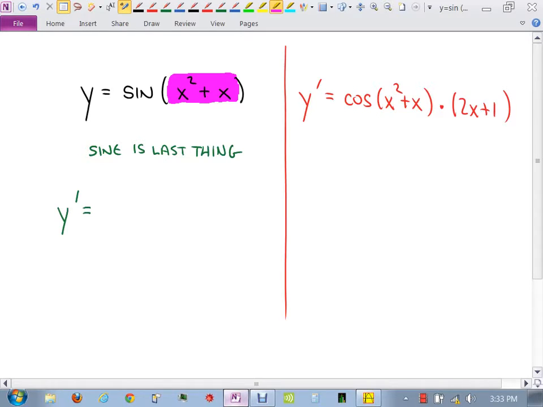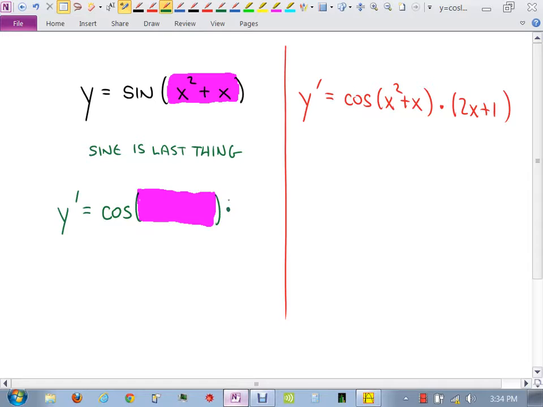What's the derivative of sine of v? Cosine v. What's the derivative of sine of purple? Cosine of purple, right? So starting with the last thing, which is sine, I ask myself, what's the derivative of sine of purple? It's cosine of purple. But what's purple? x squared plus x. I'll fill that in a second.